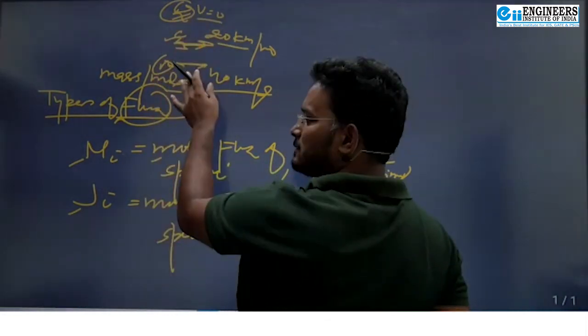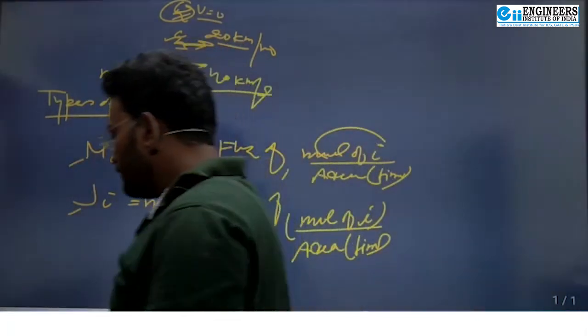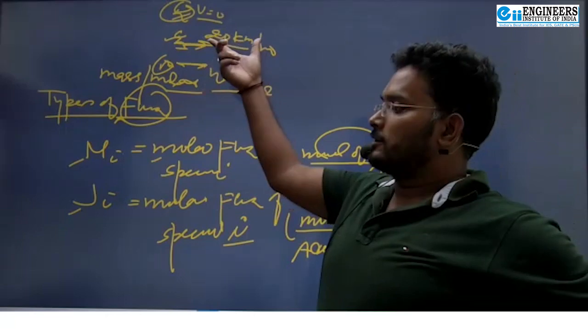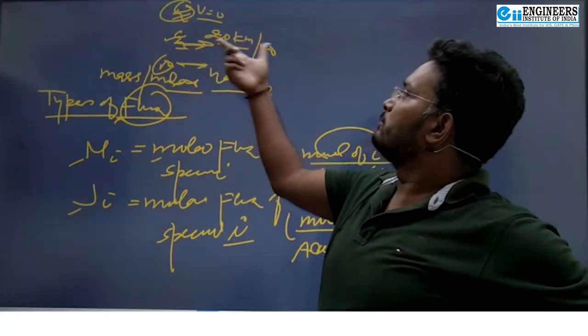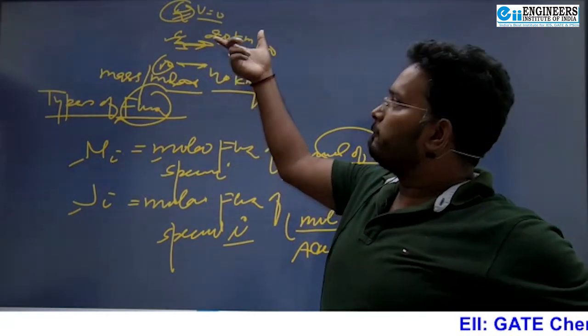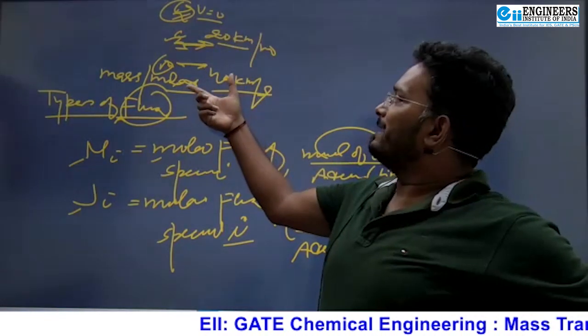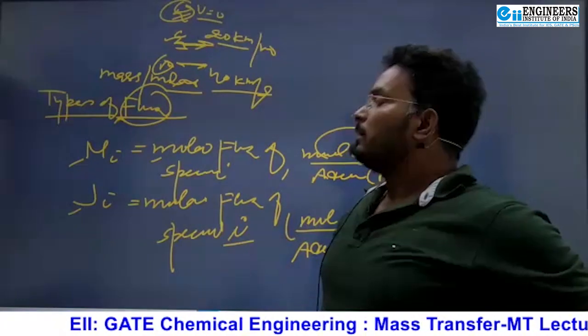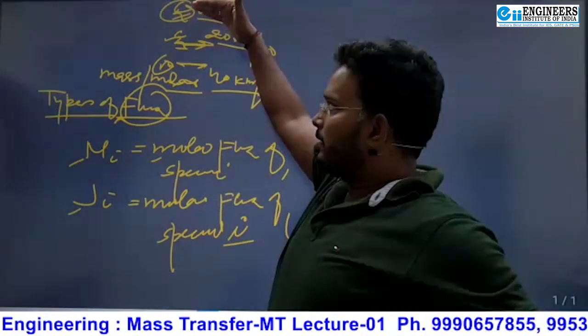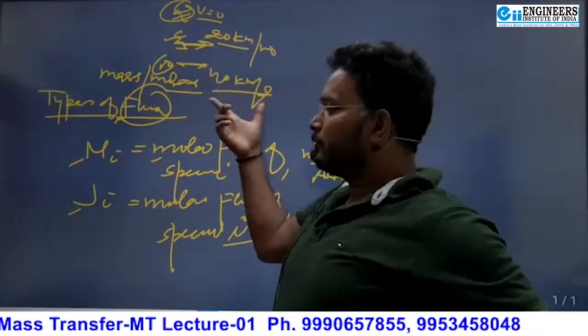In both cases you will measure different velocity. Yes or no? When your reference frame is moving with 20 km per hour, then you will observe the rate of transfer of train A is 20 km per hour only. But when you are stationary and you measure, it seems like 40 km per hour.